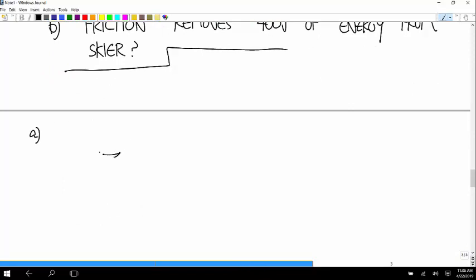Let's think of a free body diagram of the skier. Forces acting are the weight. So that's 50 times 9.81, so 490.5. And a normal force.